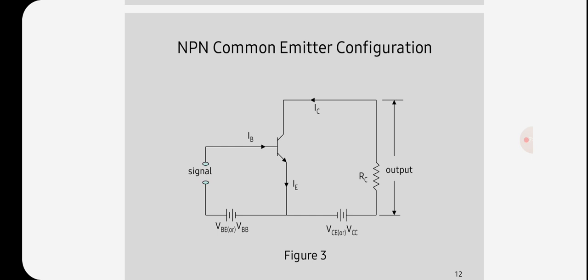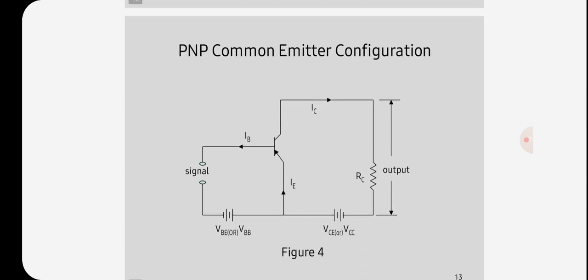So we may then express the output current IC and the input voltage VBE as functions of input current IB and output voltage VCE. Common emitter configurations also have input characteristics and output characteristics.